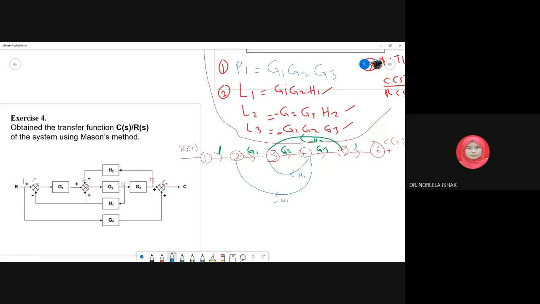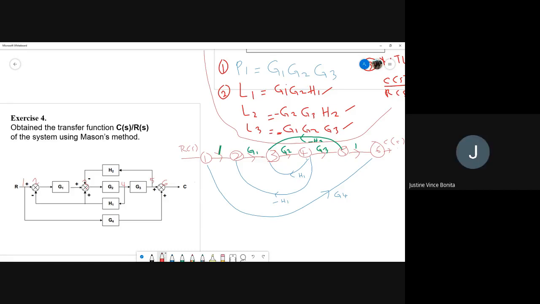Okay, so the last one is from 1 to 6, and the label is G4. Okay, this is the signal flow graph for this example.